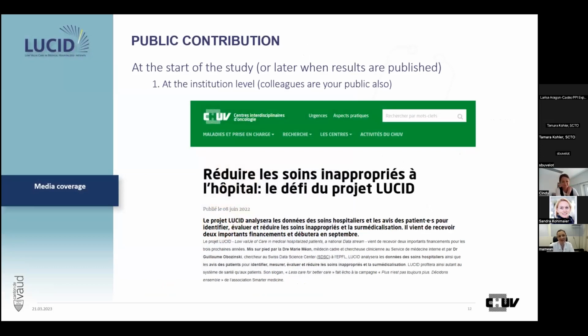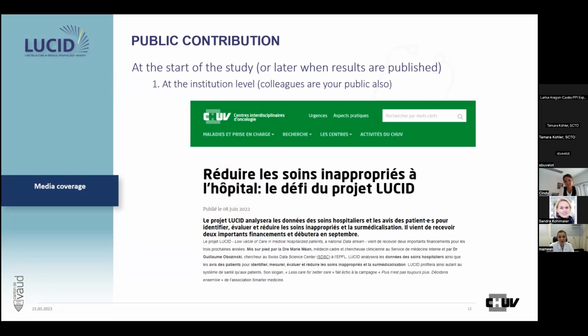So maybe one thing here, we are not experts in PPI, and this is maybe something also learned during this project. There are some easy points you can put in the project when writing the letter of intent or after for the proposal.